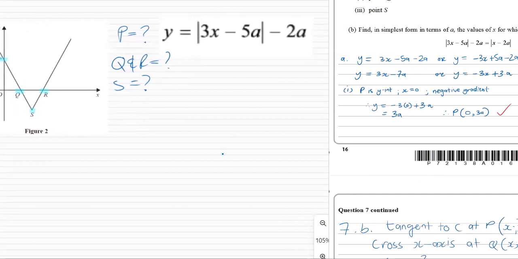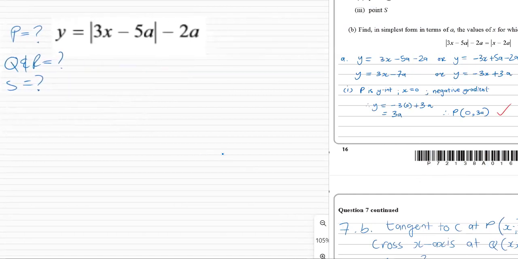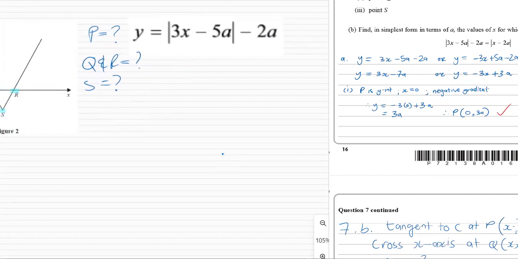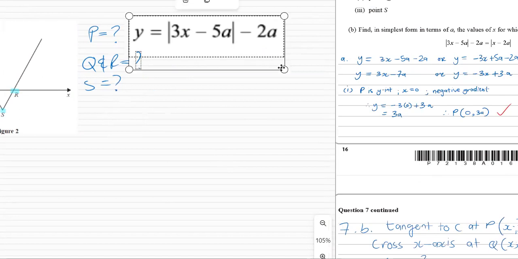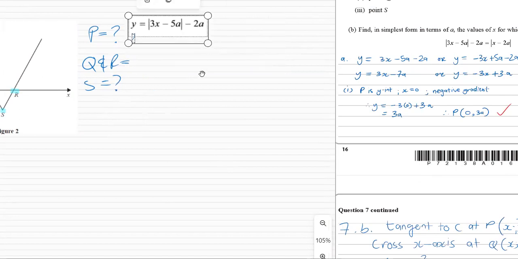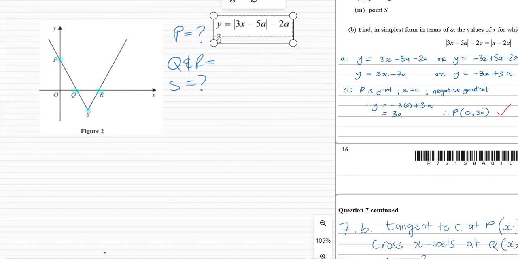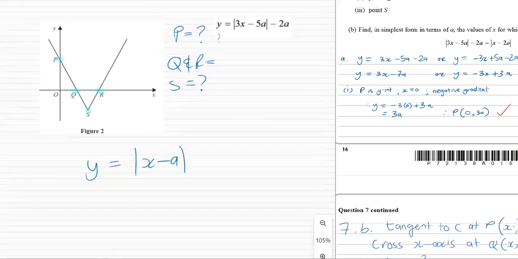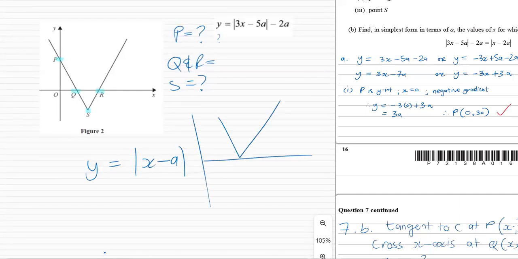A little bit of explanation on this modulus graph. If you have a modulus graph that is just y equals |x minus a|, then it can never go below the x-axis, it's always positive.